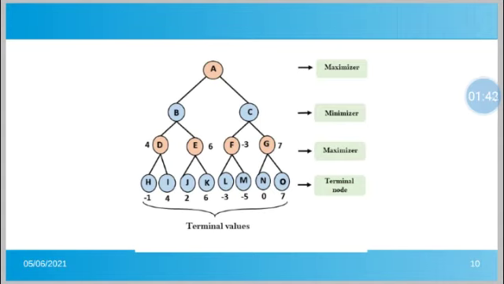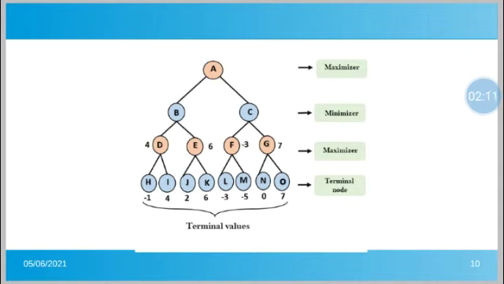So let's see. This is a tree graph of the problem. First the maximizer, that is max, will play, then min will play, then depending upon the move taken by min, max will take the move. As this is a backtracking algorithm, we will start from the end. At stage D, E, F, G, max is going to take a decision.